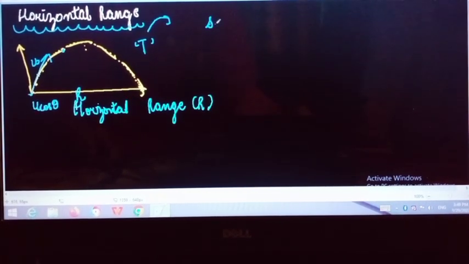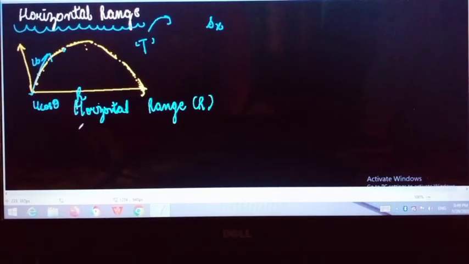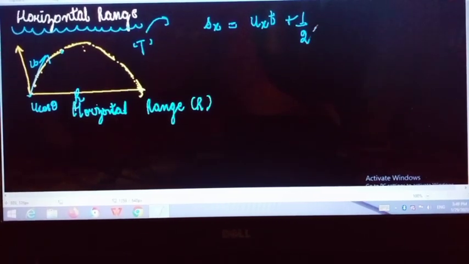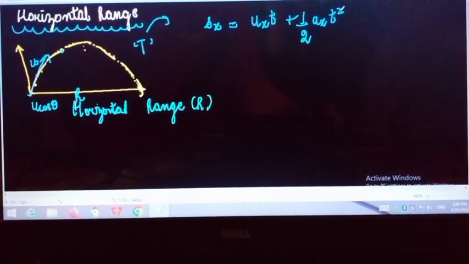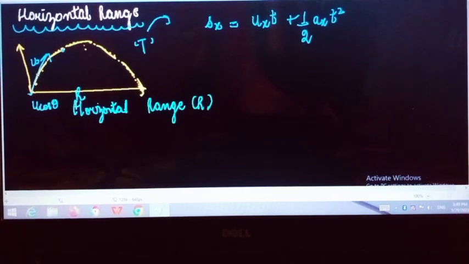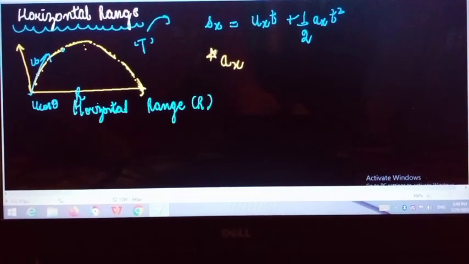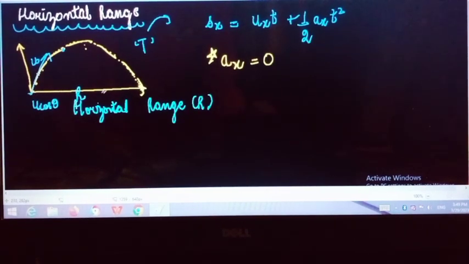Now let's use the components of the x-axis, because horizontal range R lies in the x-axis. Sx is equal to ux t plus half ax t square. One of the most important things about projectile motion in the x-axis is that ax is equal to 0, because there is no external force.